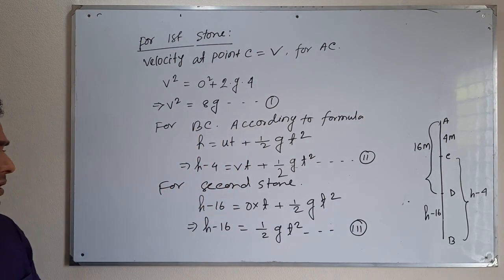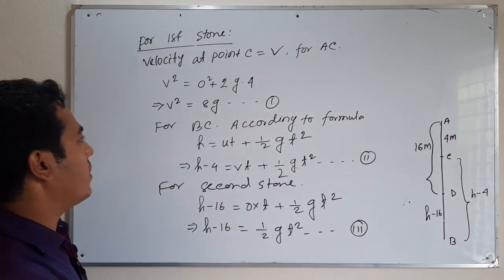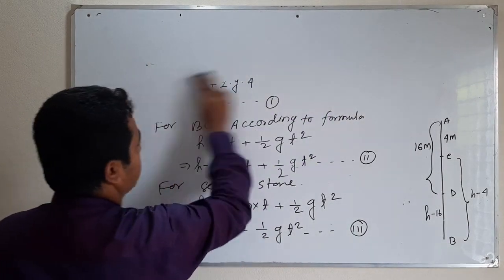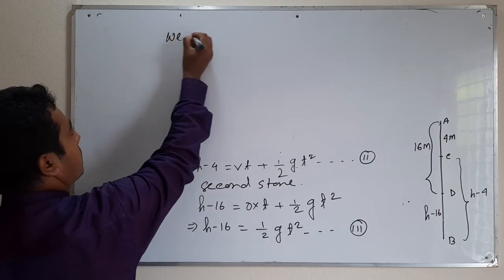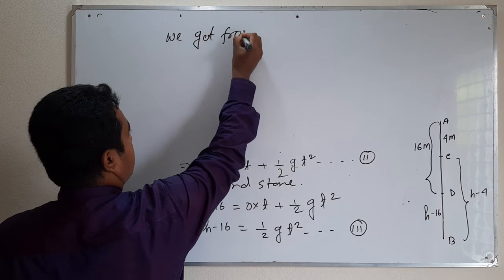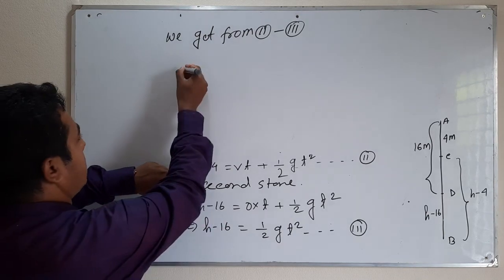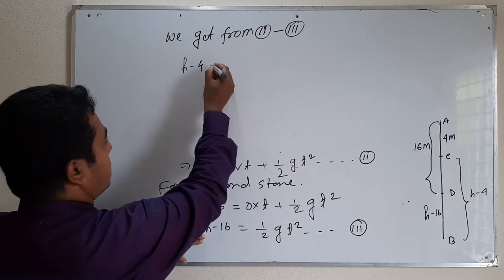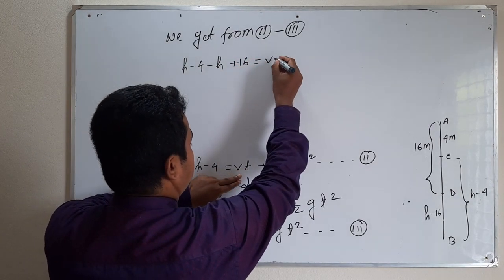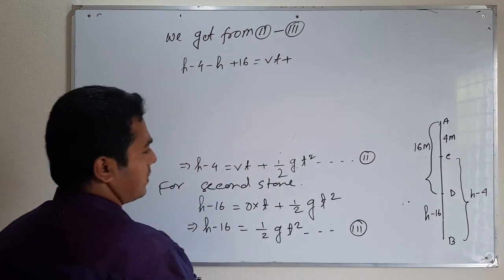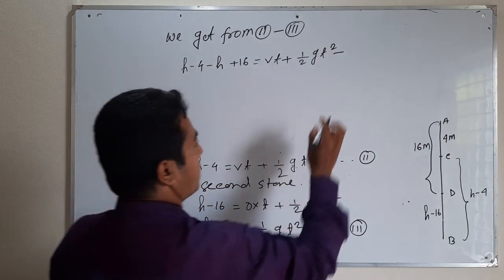Now we get from equation 2 minus 3: H minus 4 minus H plus 16 is equal to VT plus half of GT square minus half of GT square.